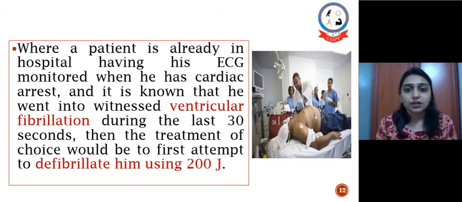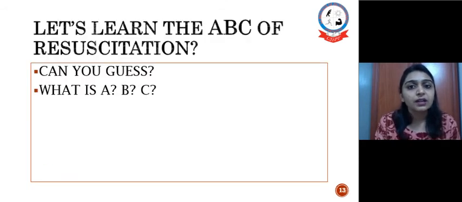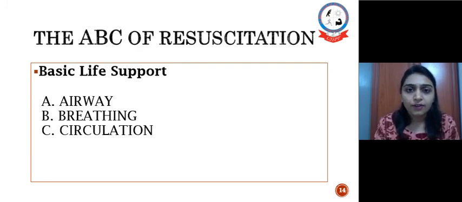The whole procedure can be understood in detail in my next tutorial, where I have described basic life support, advanced life support and prolonged life support in detail. But before that, let's understand the ABC of resuscitation. Can you guess? Basic life support is ABC, where A is airway, B is breathing and C is circulation.